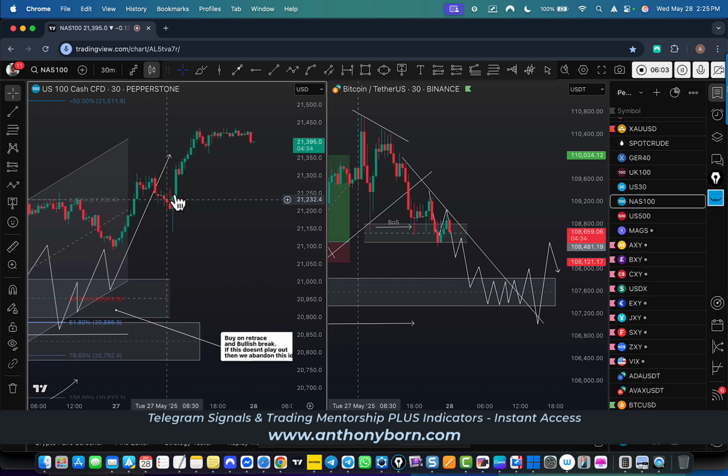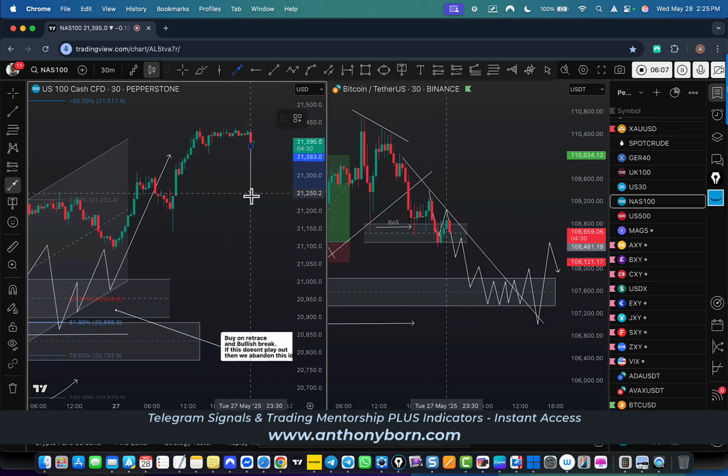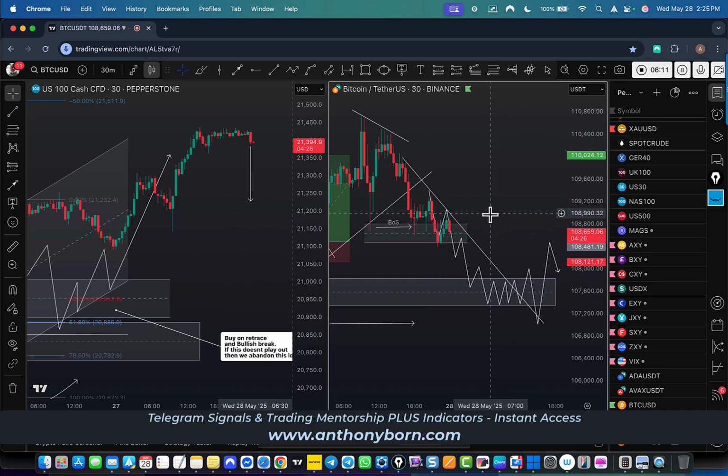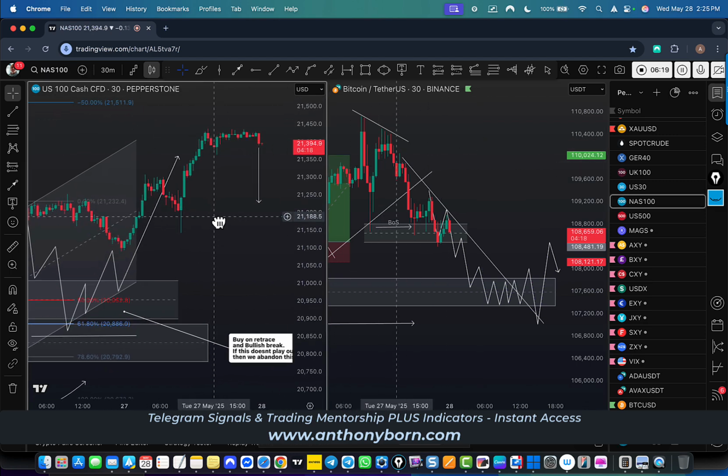But see how this has rallied? I'm expecting that to pull back, and if it does, then I'm thinking Bitcoin could follow. That's why I'm thinking this pulls back a little further. So just keep an eye on the US 100 tech stocks.